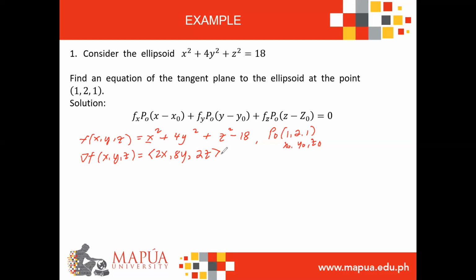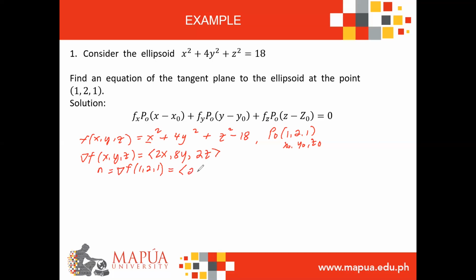So with that, we can now define the normal, or this is now the value of the gradient f evaluated at the given point (1, 2, 1). So the normal vector or gradient f will be 2 times 1, and the value of x or x sub 0 is 1.